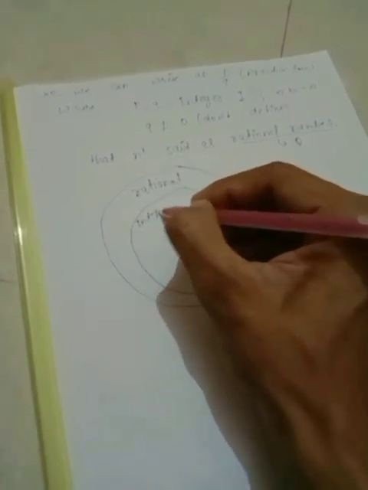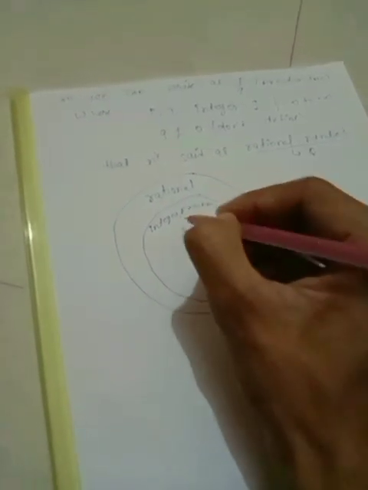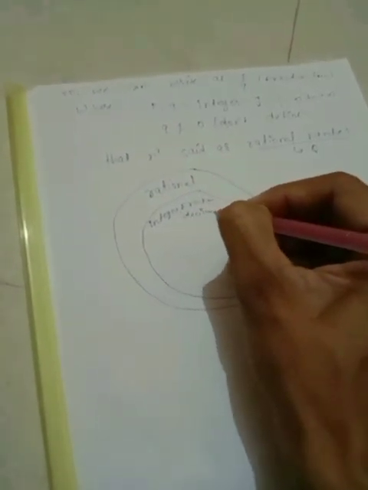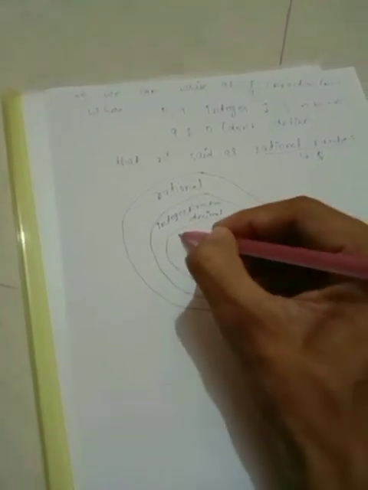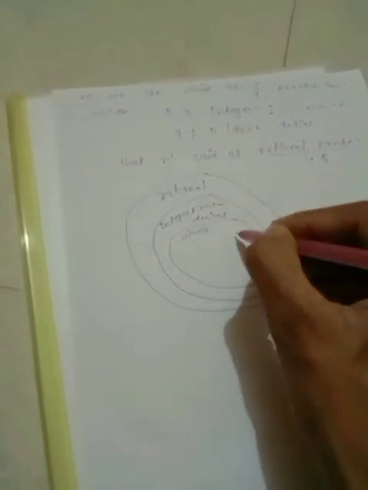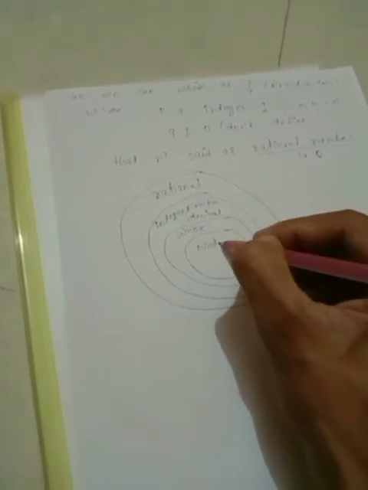First one is integer, which is a complete number. Second one is fraction, and third one is decimal number. And in the collection of integers, there is a collection of whole numbers, and in the collection of whole numbers there is a collection of natural numbers.